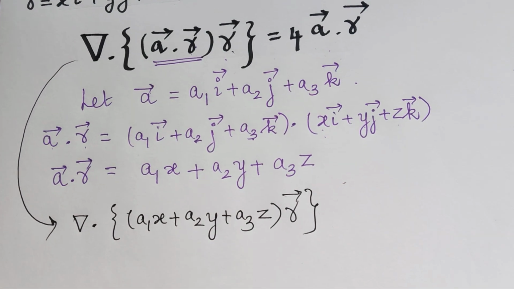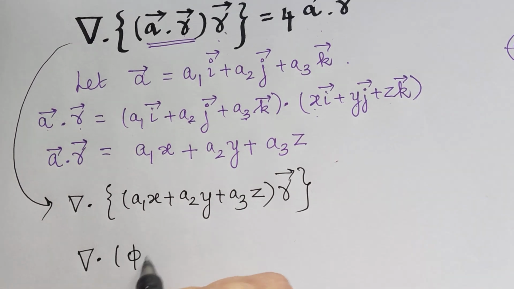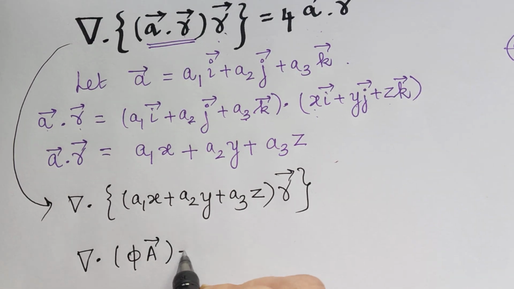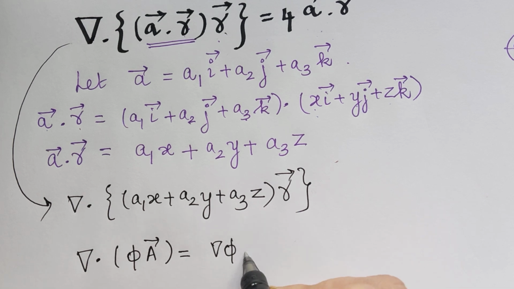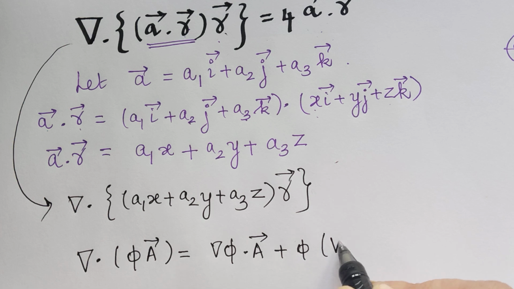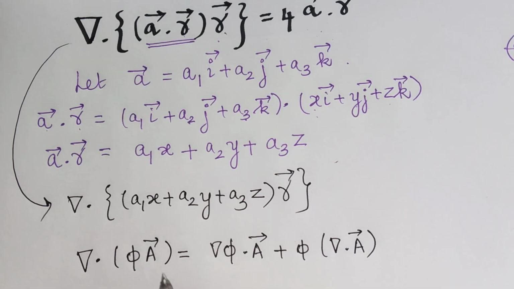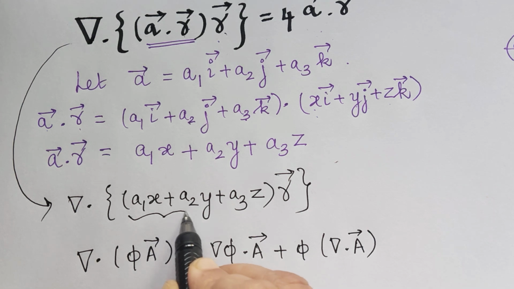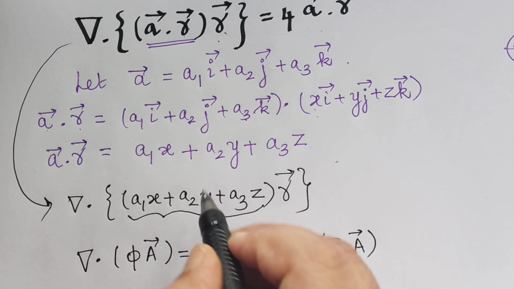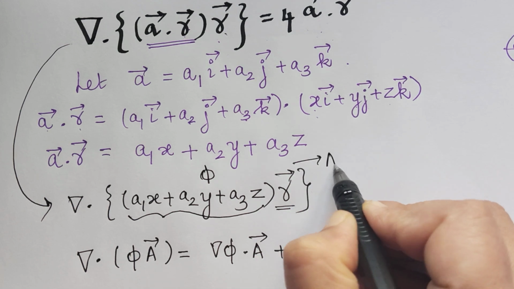Now, in vector calculus, we know that del dot phi A vector is equal to del phi dot A vector plus phi multiplied with del dot A vector. So this we are going to apply here, where this A1x plus A2y plus A3z will be considered as phi and R vector is taken as A vector.